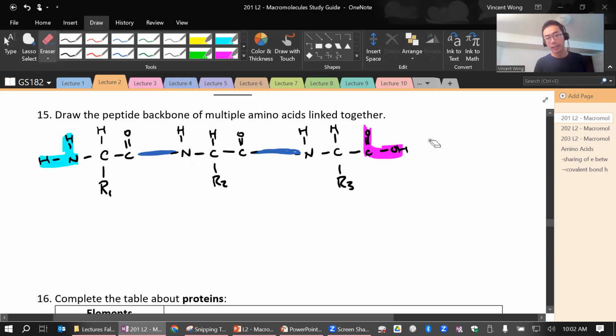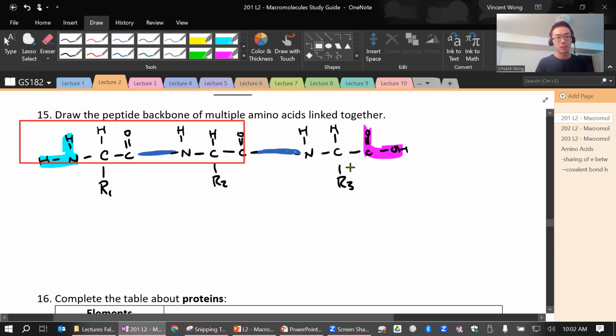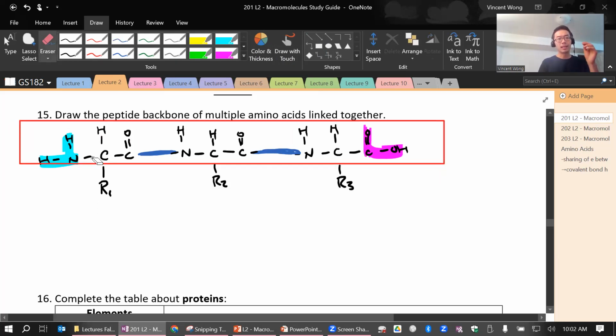And then I can do it again for the next one. If you keep on doing this, the backbone remains unchanged. What's the backbone? This whole part here is the backbone. It begins with N and then CH, CO, N, CH, CO, N, CH, CO, and if I connect another one, it would just be another N.